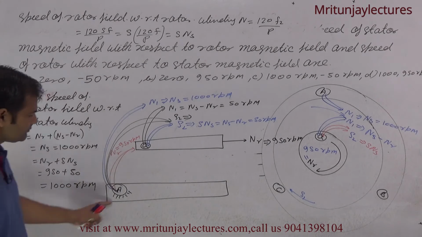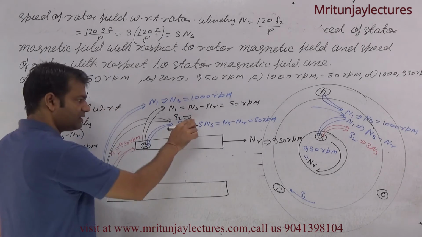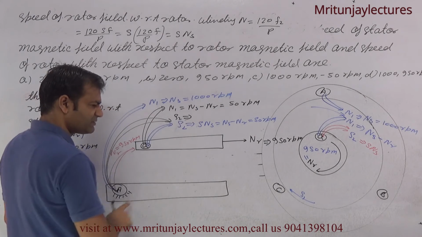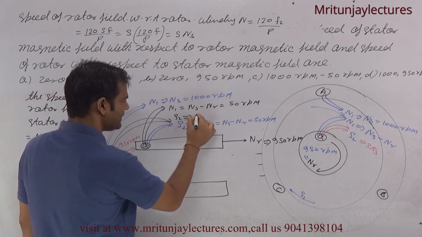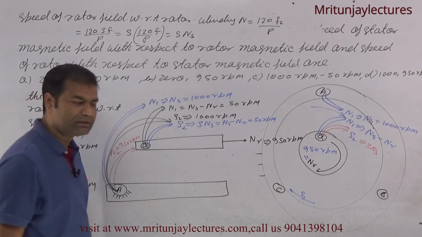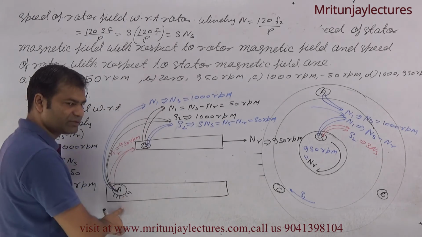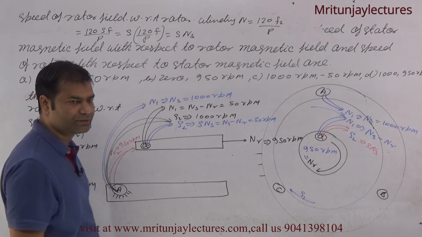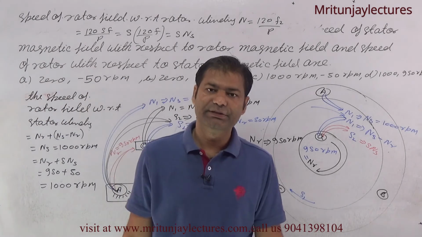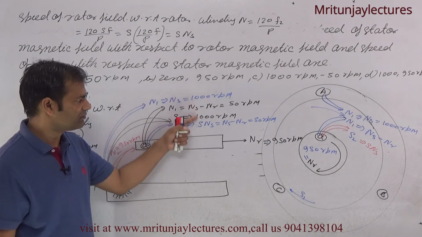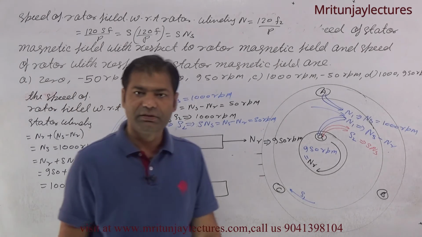The rotor field with respect to the stator winding is also 1000 RPM, and the stator field is also 1000 with respect to the stator. So if you sit on the stator field and see the rotor magnetic field, it looks stationary, because both have the same speed. Clear?